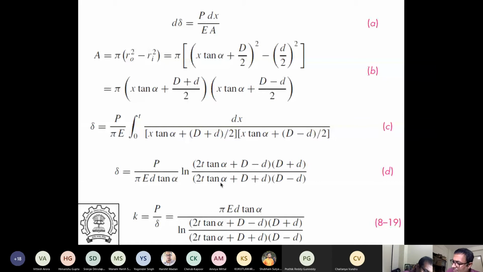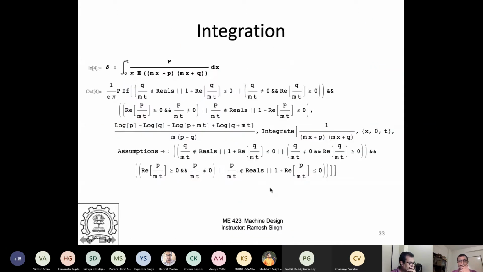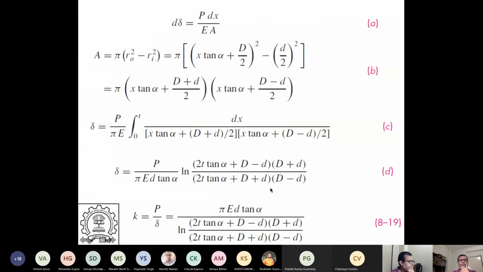Yeah, here there is another tan alpha actually. So basically you'll get this term. Delta is equal to P by pi e d tan alpha ln 2 tan alpha plus d minus d, d plus d. And K is equal to P by delta. So now you have delta, so you can figure out what K will be. K turns out to be very nice, pi e d tan alpha. It comes out to be like this. Very nice relationship.